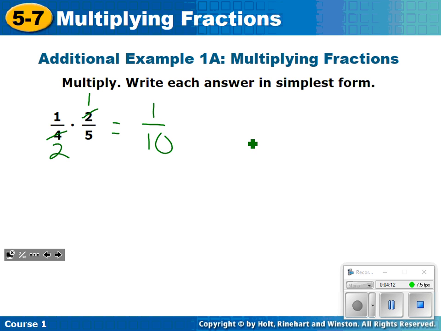Especially when we start multiplying improper fractions, because you're going to have large numbers on top. And then you're going to be multiplying double, even triple digit numbers. And I would much rather reduce ahead of time than reduce after.